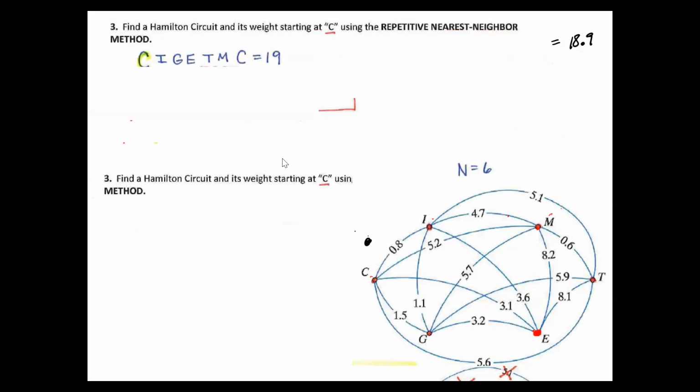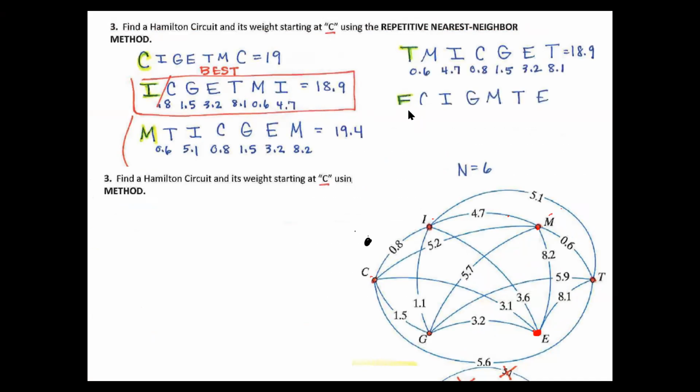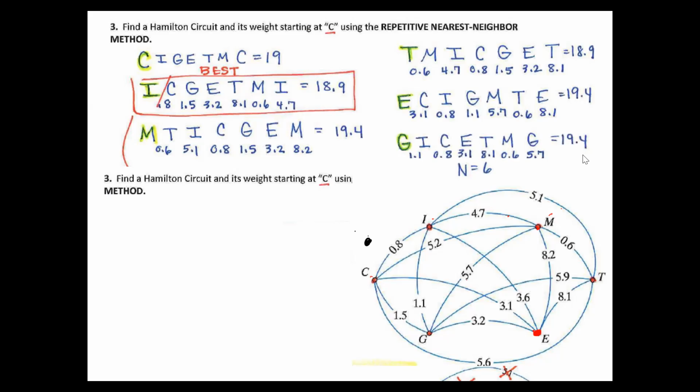Okay, so here we go. Which will give me 19.4. If I start at T, it's going to give me an 18.9. And then, of course, if I start at E, it's going to give me a 19.4. If I start at G with the weights, it's going to give me a 19.4.